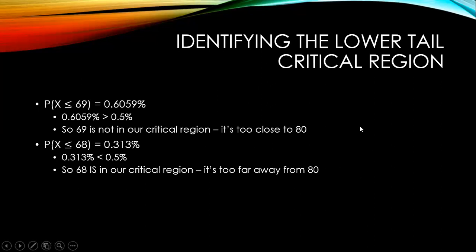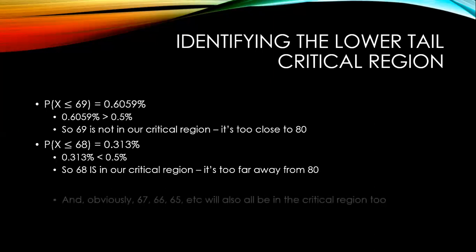So again, we expect to get 80 successes out of 100, because we assume the probability of success to be 80%. But 68 is in our critical region because the probability of getting 68 or fewer successes is 0.313%, which is less than 0.5%, the 0.5% probability that we dedicated to the lower tail of the distribution, so the probability of rejecting H0 in the lower tail.